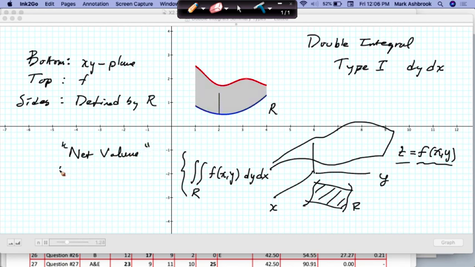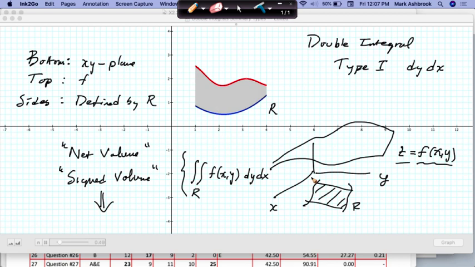There are different types of net volume, or signed volume. What does net volume or signed volume mean? Change in volume? Not really. The amount of volume over the xy plane? Well, that will be part of it. But if this surface goes down below the xy plane in the region R, then the double integral won't be just the volume above.